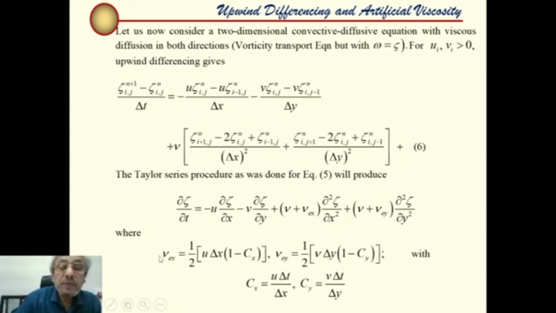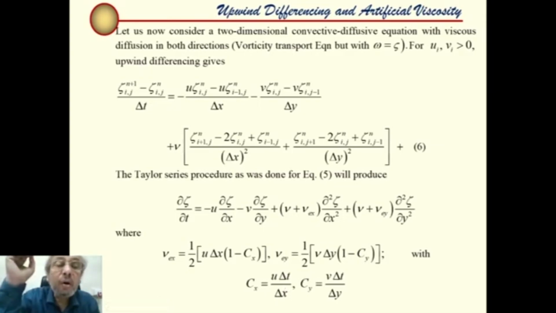So here the artificial viscosity, if we want to write down the expression, we get half u delta x into 1 minus the Courant number in x direction. That means we involve the u velocity and delta x here. And again, the artificial viscosity in y direction is half v delta y into 1 minus the Courant number in y direction, that means v delta t by delta y, and here it is u delta t by delta x.